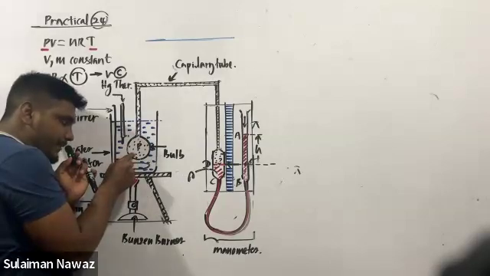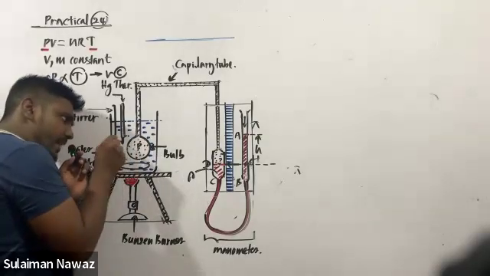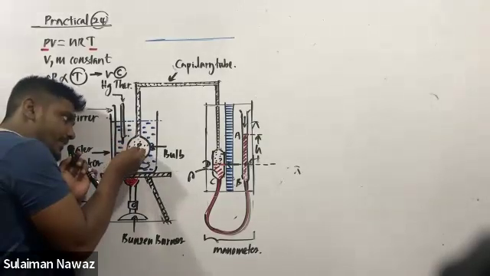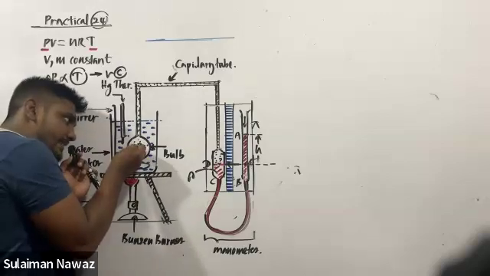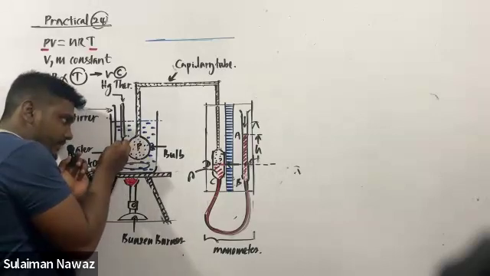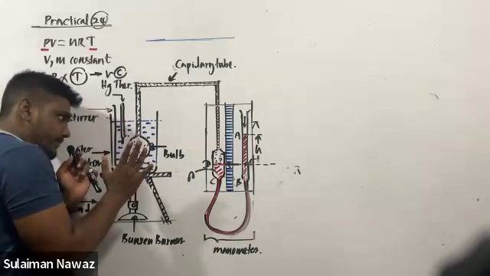We can't. Actually, we are measuring the temperature of the water. I want to measure the temperature of the gas inside the bulb, but I am measuring the temperature of the water. Is it okay? Actually, it's not okay.